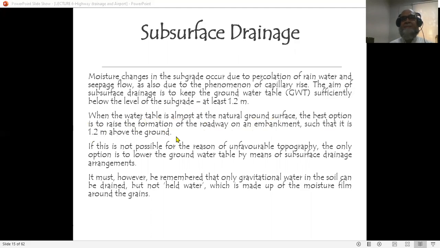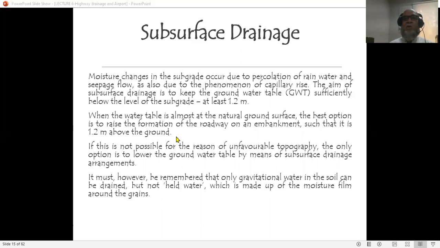I give you a very simple example for that. If you are constructing a roadway along a water body like a river or lake or pond, you must raise the road level at least 1.2 meter or 4 feet from the surrounding.